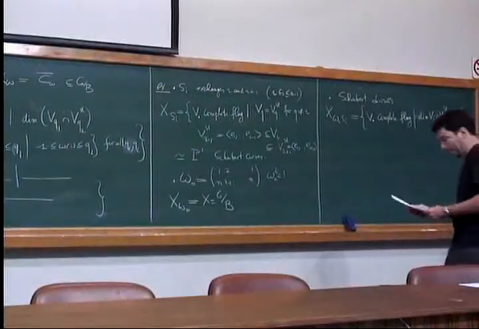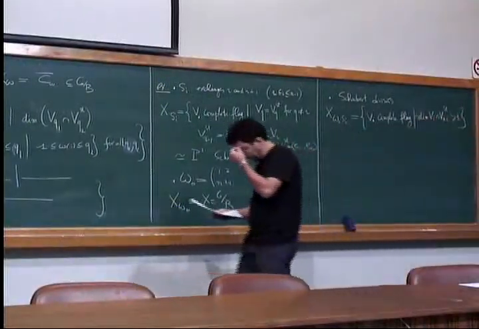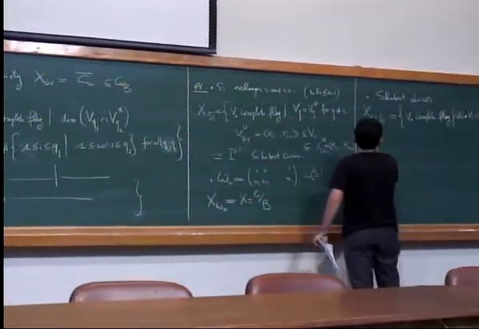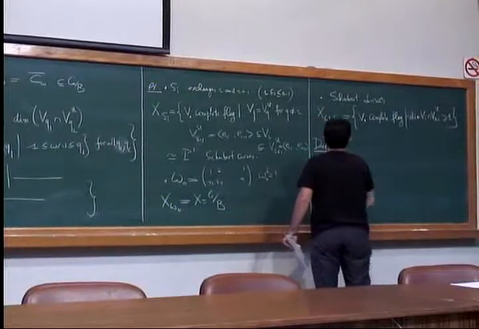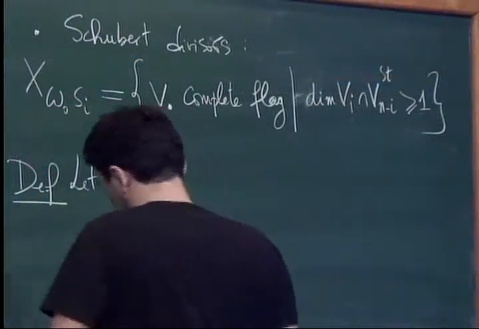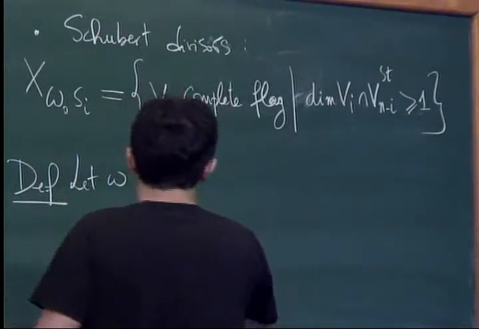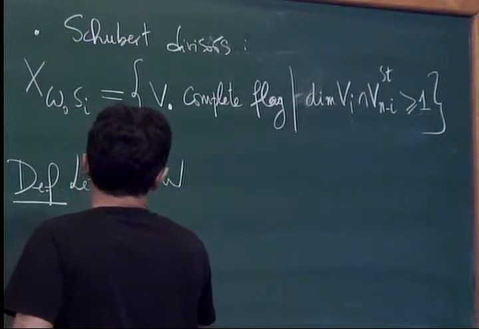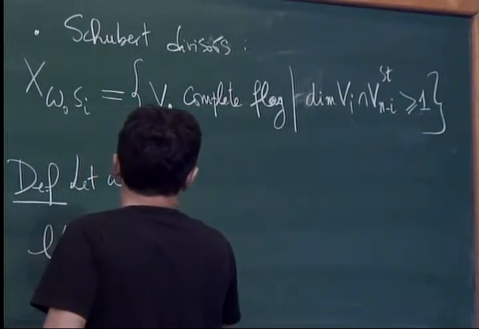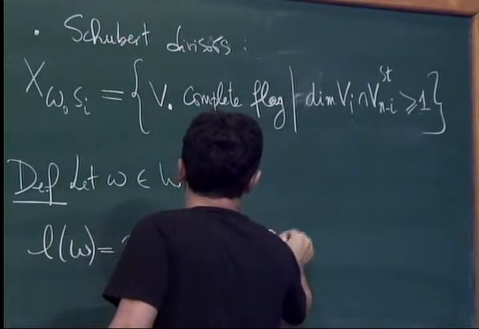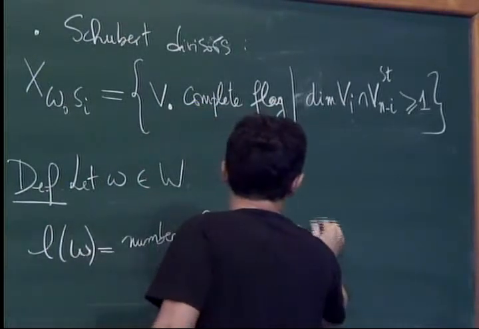I need to introduce the length. So let omega again be in the Weyl group. The length of omega is exactly the number of inversions in omega.